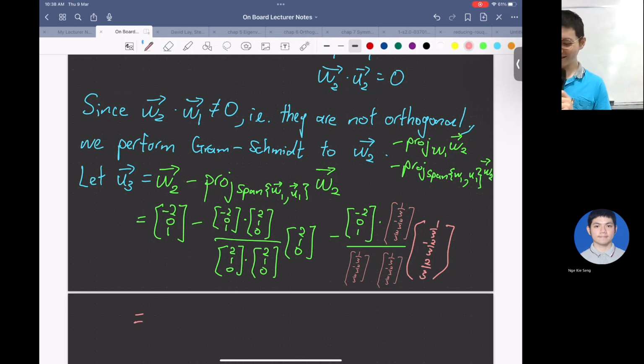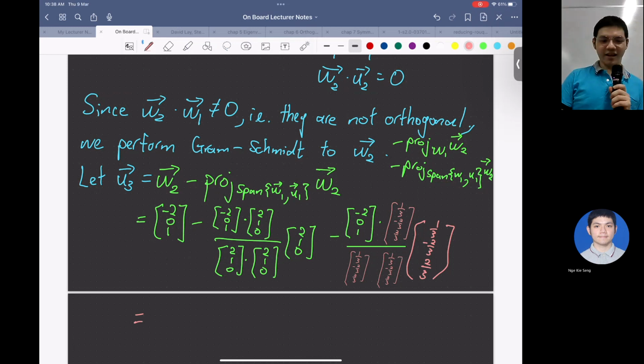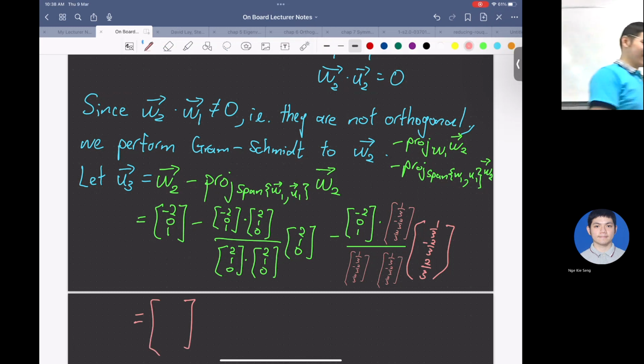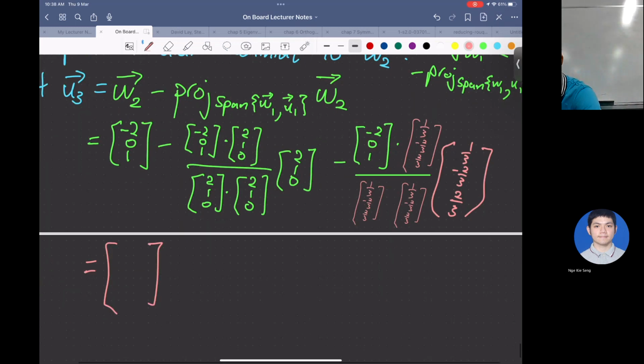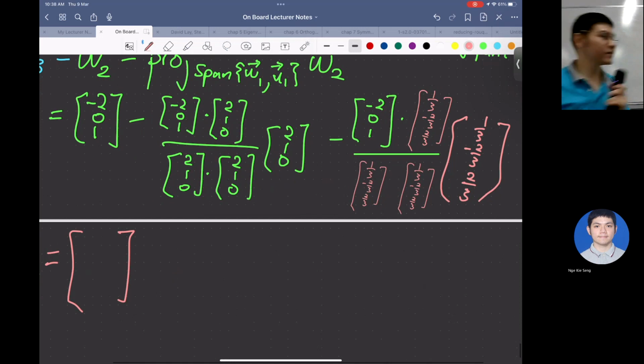In the meanwhile, is anyone calculating this U3 here? What's this U3? Anyone just shout something out. Maybe it seems like you guys cannot see it, too thin.